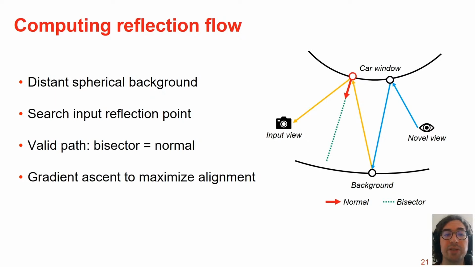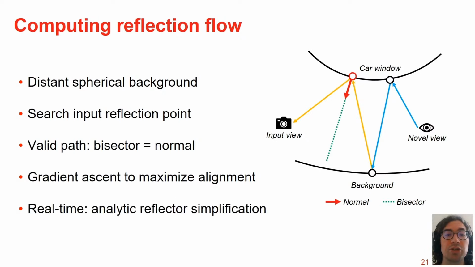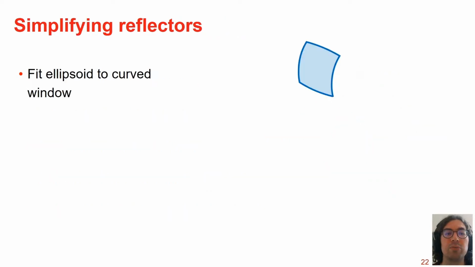To be able to do this in real time without extra data, we have to simplify our reflectors and rely on an analytical representation. We use an ellipsoid because this is a compact representation and it has interesting properties for our problem. We want to represent each window as an ellipsoid. We use the windows extracted from the initial geometry as a support to locate the windows in the scene and orient them.